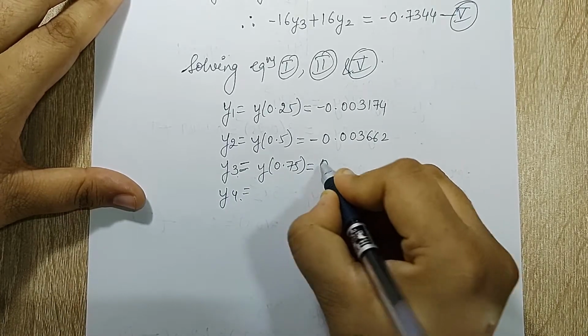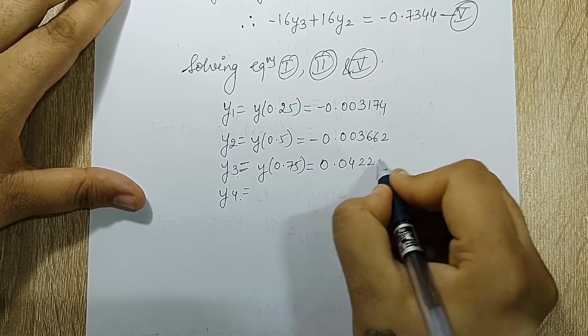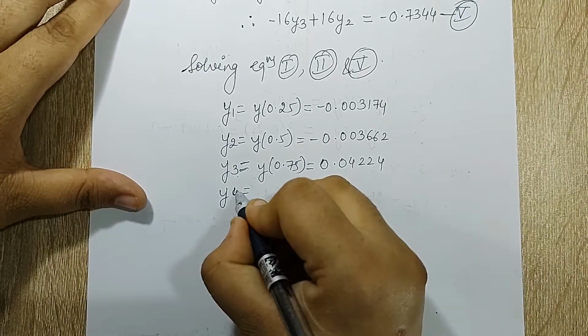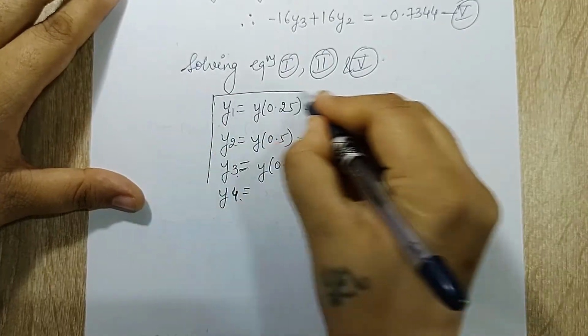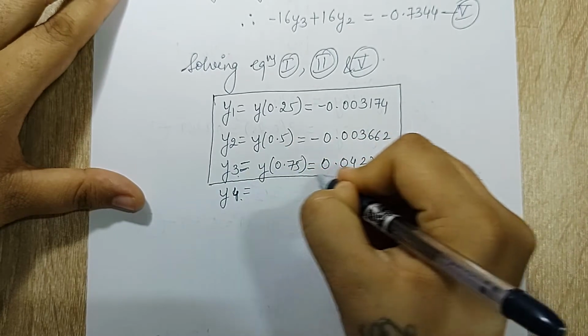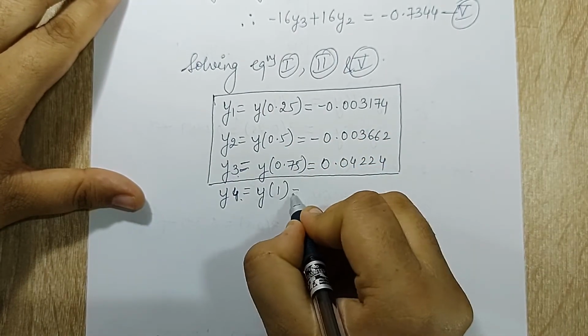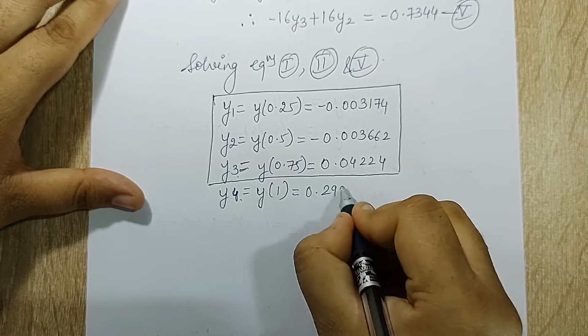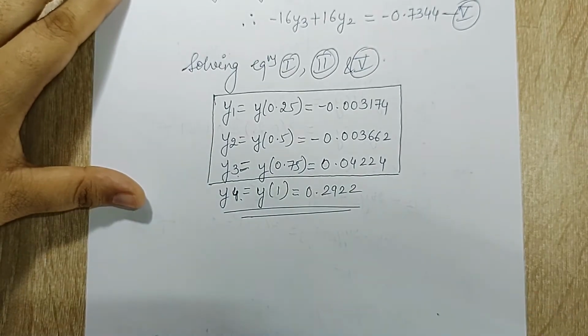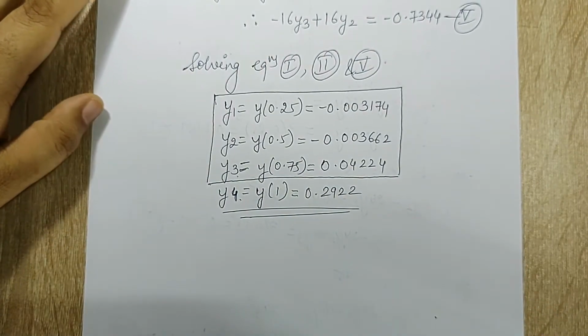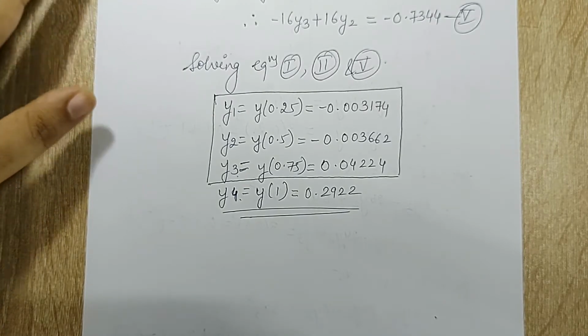I get this as 0.04224. And lastly, by substituting y3 in equation 4, I get the value of y4, which is y at 1 is equal to 0.2922. So these are the values that I obtained by the FDM method.